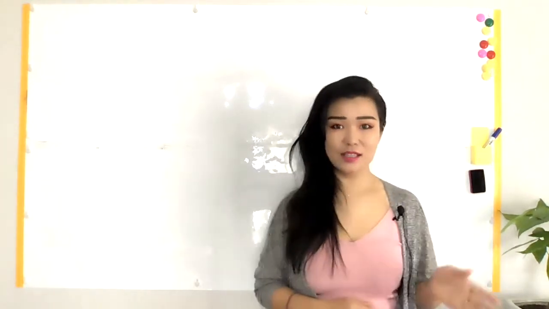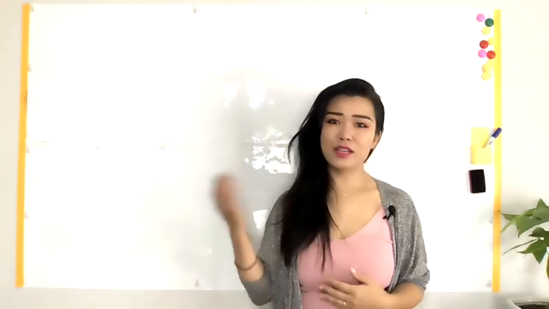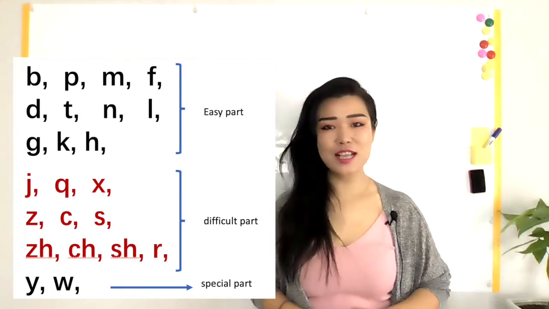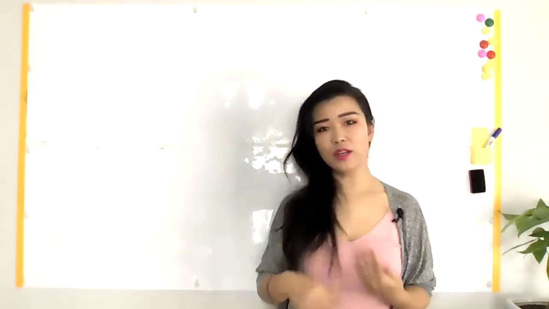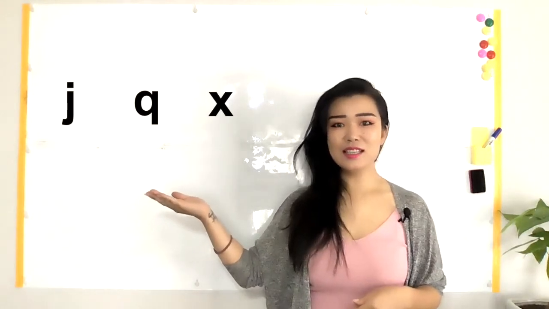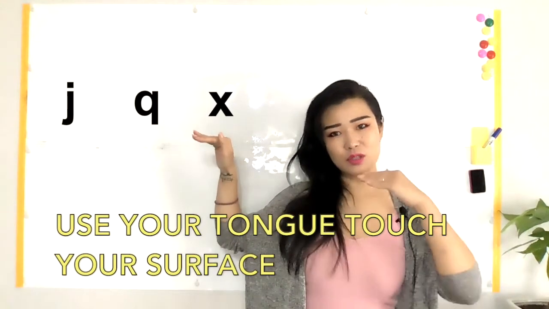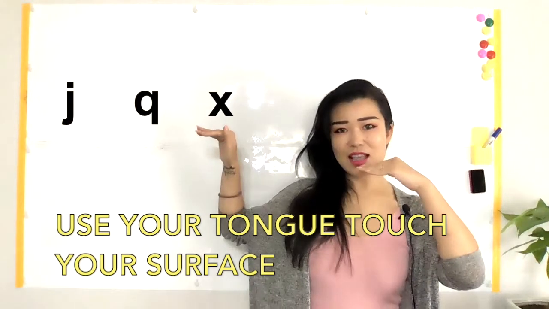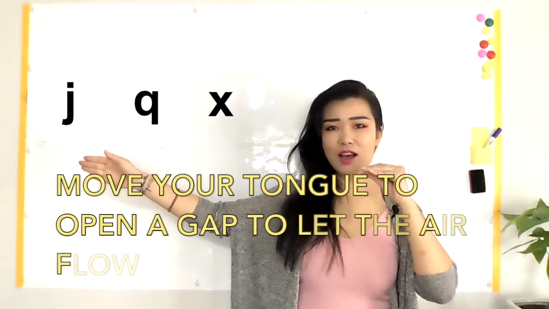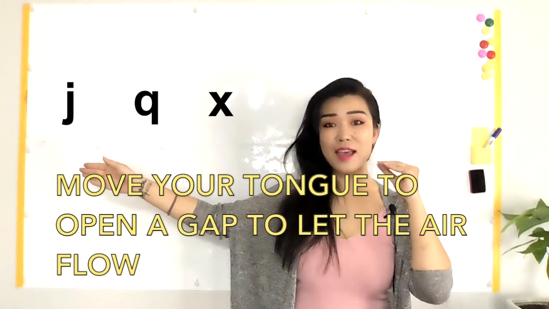In the last lesson, we also learned how to pronounce the first line and the second line of the difficult parts. So let's do a quick review. When you pronounce j, q, x, first use your tongue to touch your surface. For j, just move your tongue and open a gap, let the air flow.